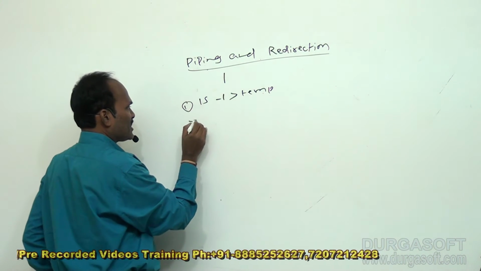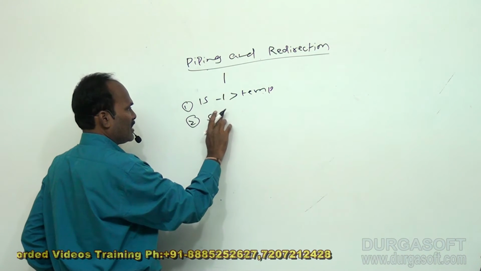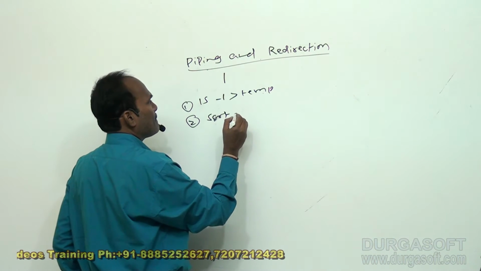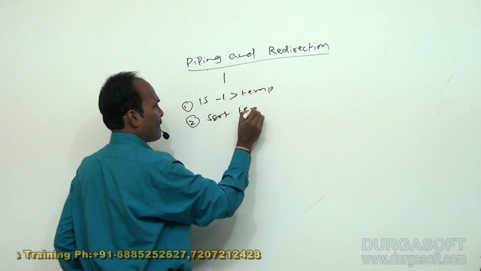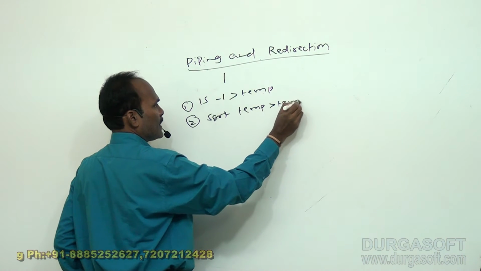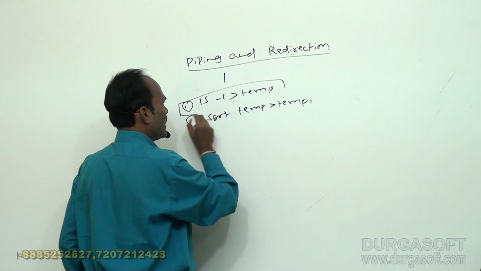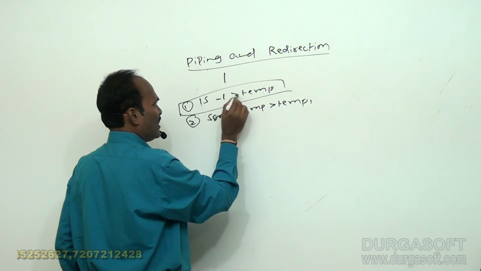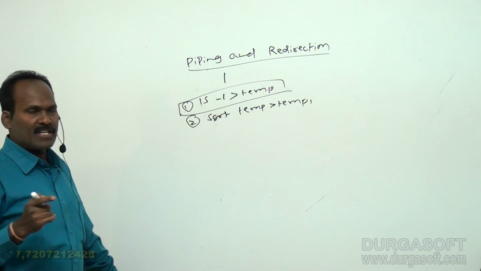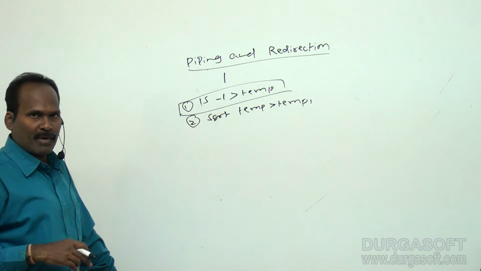Next, in the second case, I will use sort temp > temp1. By the first command, ls -l > temp, the long listing of files will be redirected to the temp file, which is created automatically.